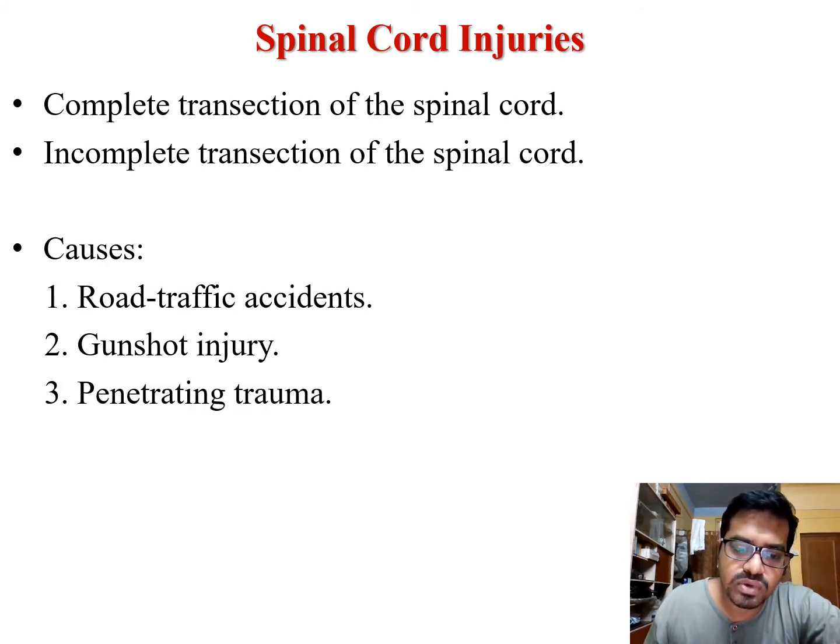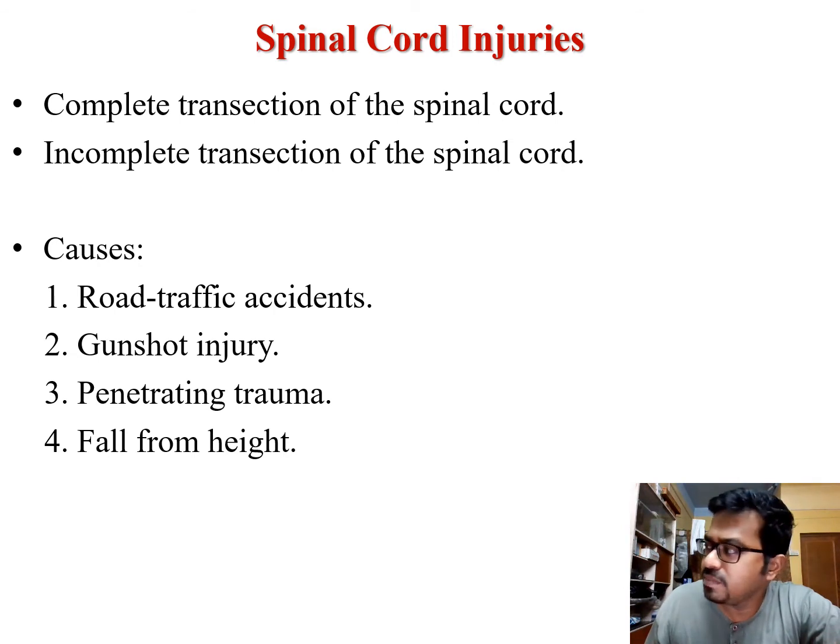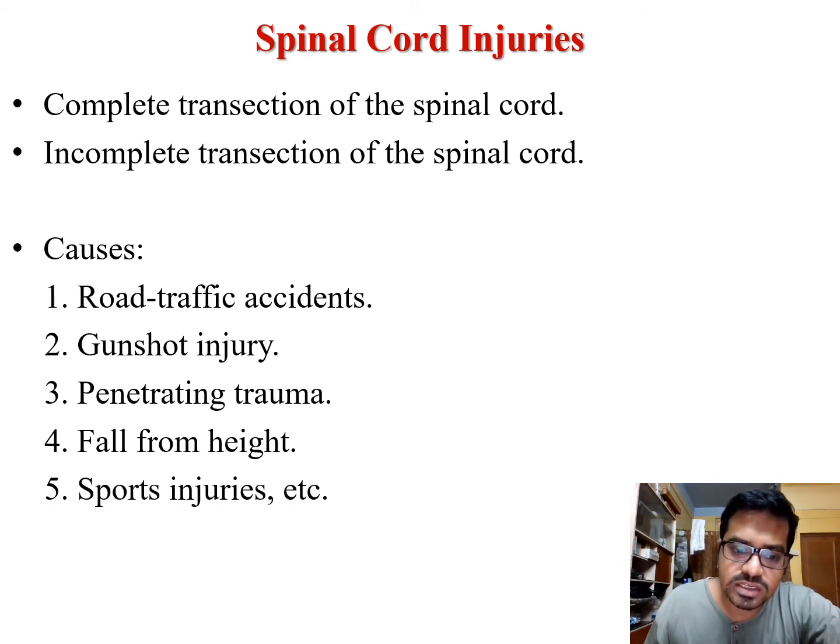Then penetrating trauma, which could be accidental or homicidal or suicidal in nature. Fall from a height, which could be as small as fall from a bed to the floor or from a high-rise building to the ground. And sports injuries. If you have fallen awkwardly on your head, on your neck, on your back, there could be injuries to your spinal cord.